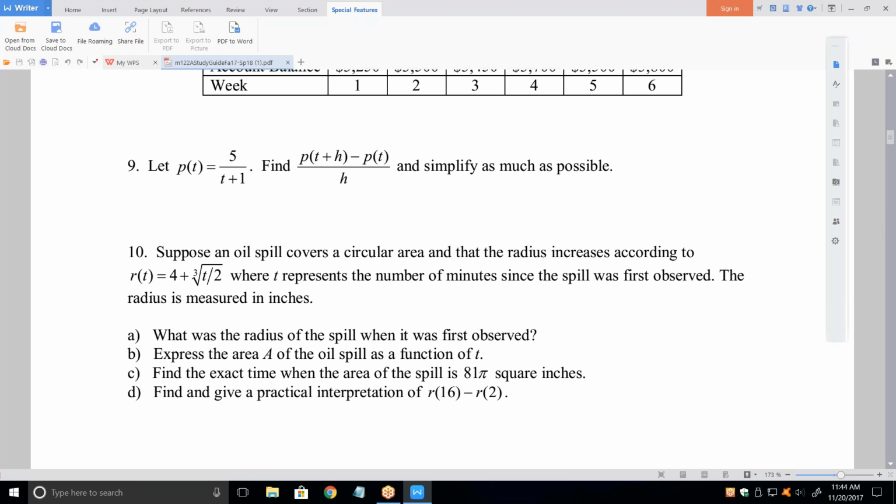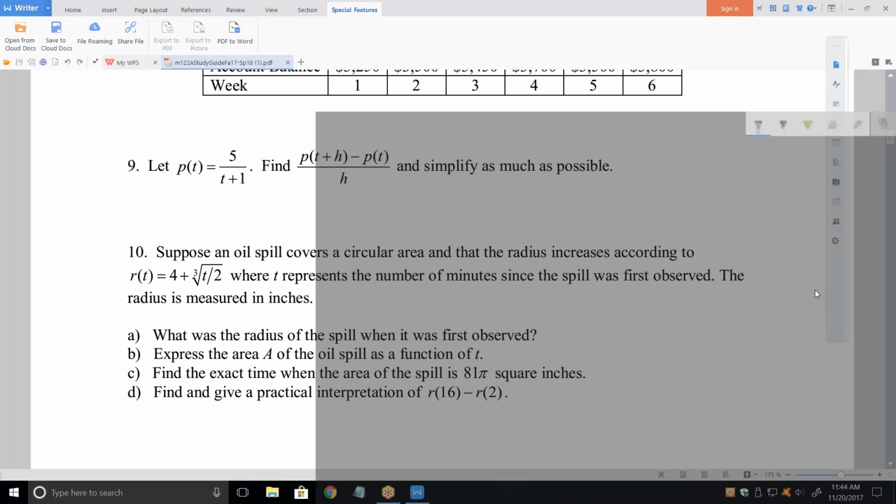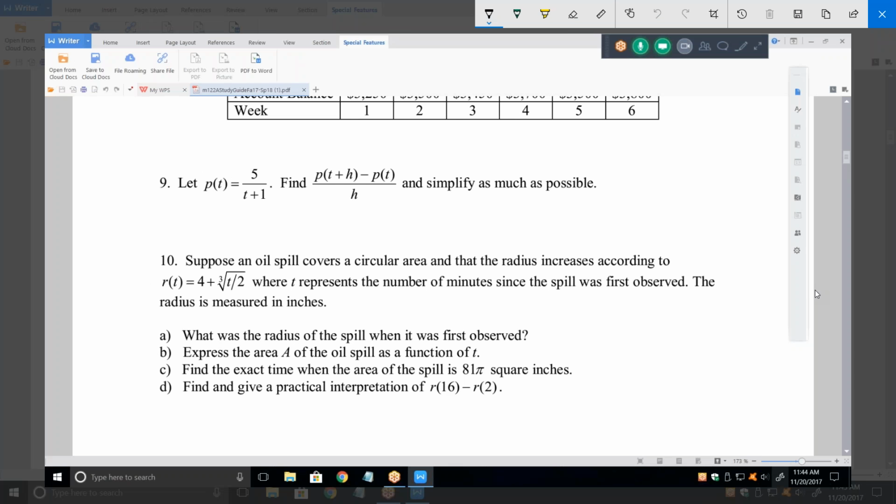All right. Now, tell me where we left off. We had 5 parenthesis t plus 1 close parenthesis over t plus h plus 1 in parentheses.